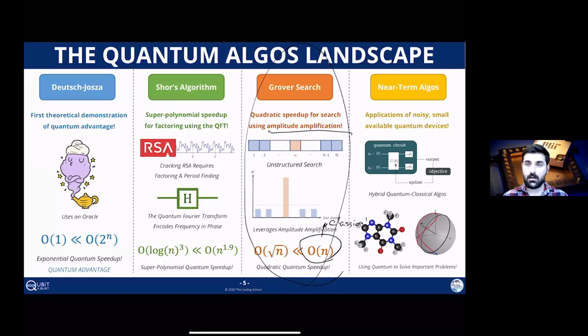And by small scale, I mean anywhere between 50 to 200 qubits, although the exact number for what constitutes a small-scale device is, of course, up for debate. The idea for near-term algorithms is that we take advantage of the quantum circuits that we have available and combine them with the classical computing resources that we have available, such as our CPUs or GPUs, and we try to accomplish some quantum advantage that way.